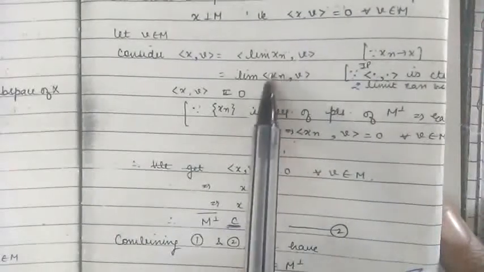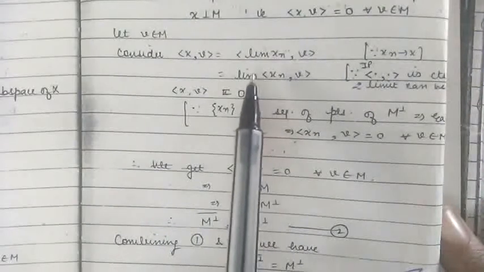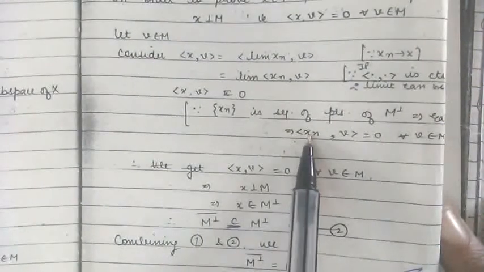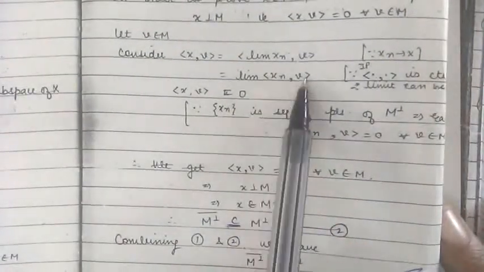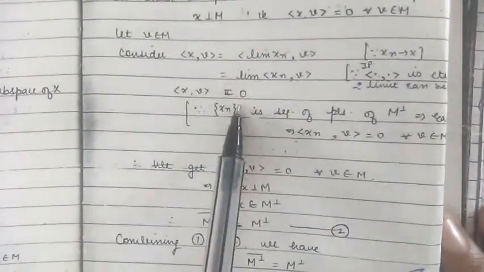Now because Xn is a sequence of points in the annihilator of M, by definition of annihilator, the inner product of Xn with every element of M will be 0. So this will become 0. So we have obtained that the inner product of X with V is equal to 0.